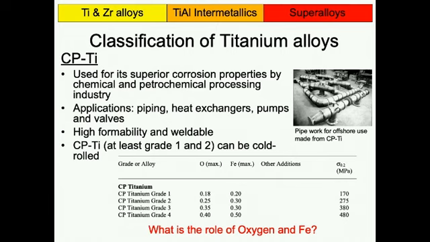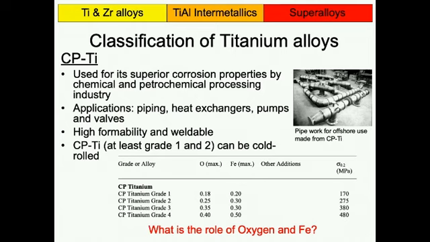And then there's some iron here, and I should say maybe also oxygen. It's not just an impurity. So these elements are probably added to some extent. Now, iron is interesting. Do you know which phase iron stabilizes? Beta. So iron is a beta stabilizer.